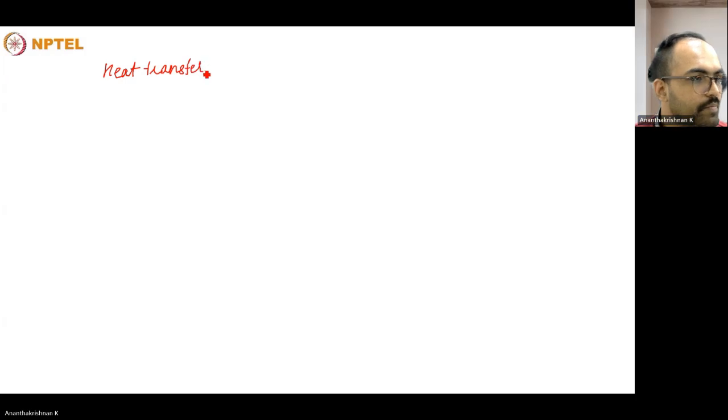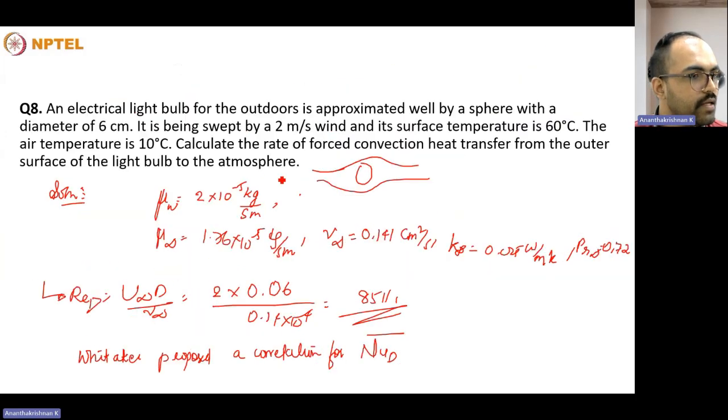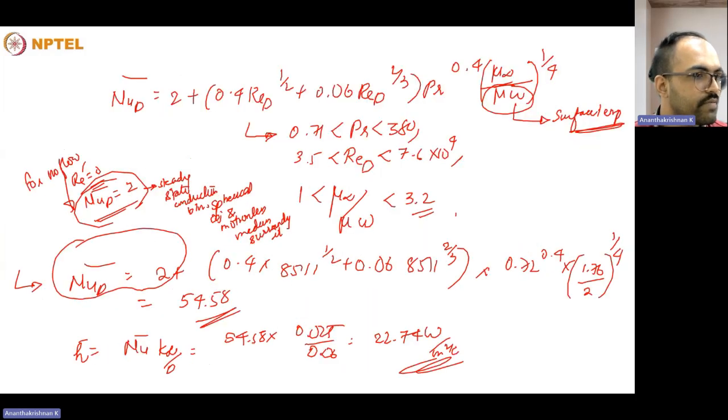Once you determine the heat transfer coefficient, we can determine the forced convection heat transfer that occurs from the outside surface to the ambient, to the atmosphere.